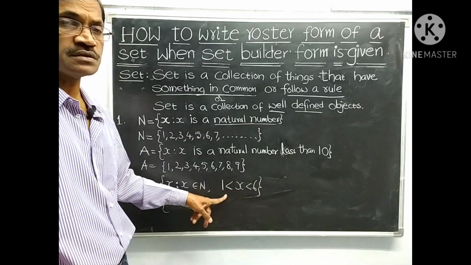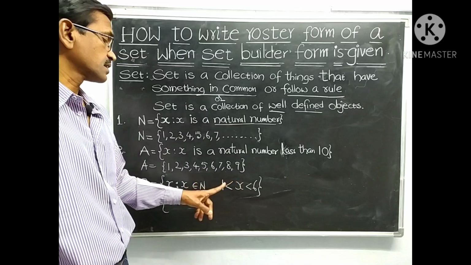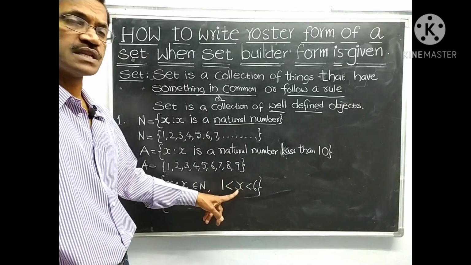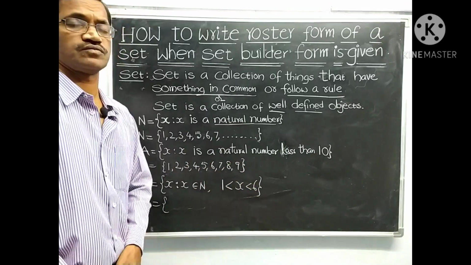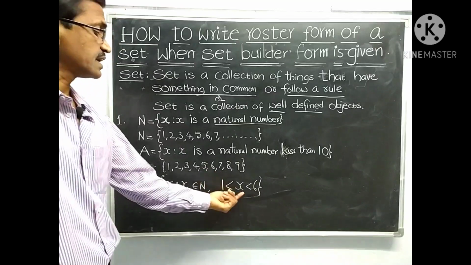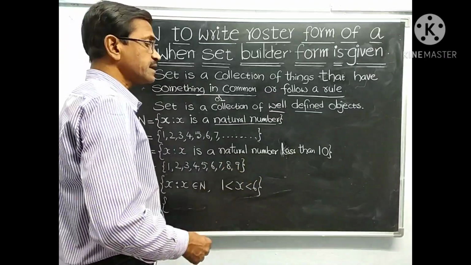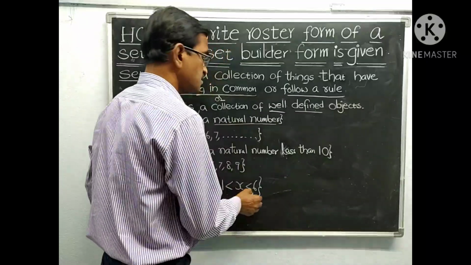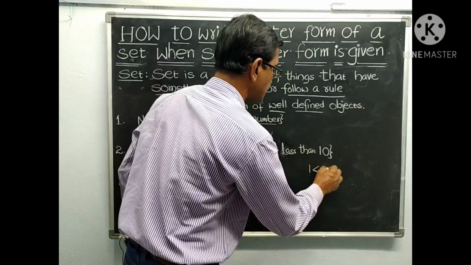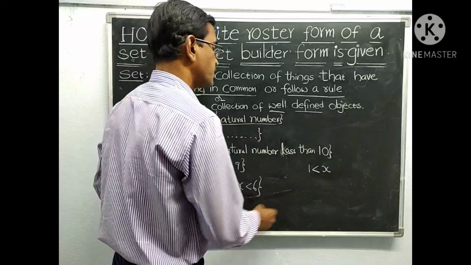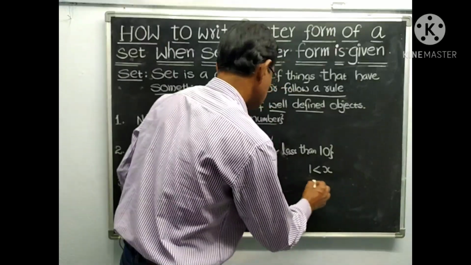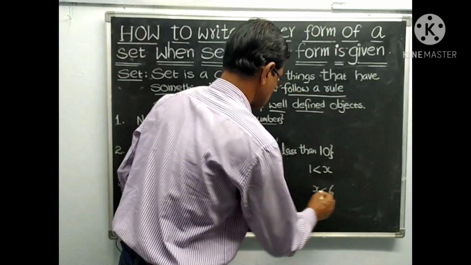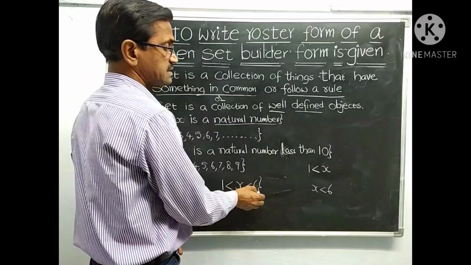It represents that x lies between 1 and 6. How can we understand this? I will explain here. There are two inequations here. First one, 1 less than x, and second one, x less than 6.